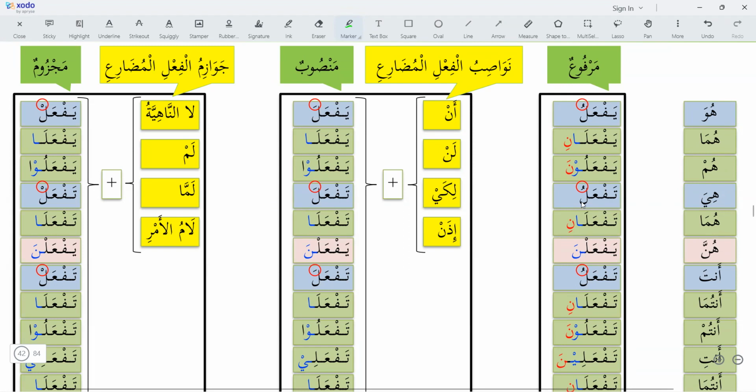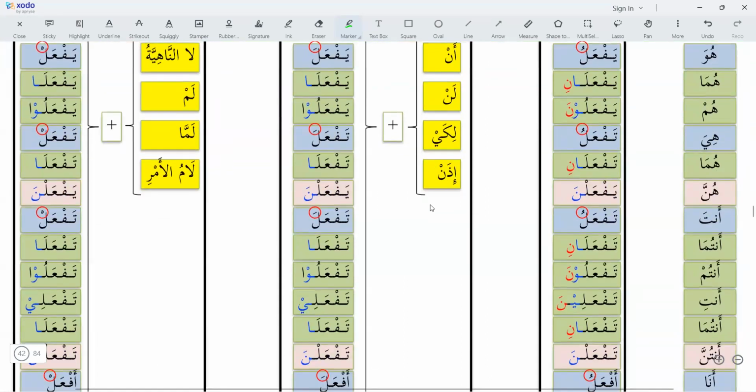Hiya taf'alu, the dhamma changes into fatha. Tafalani, the noon comes. An taf'ala, the noon goes. So these are the same. Humma taf'alani, taf'ala. Hunna yaf'alna.